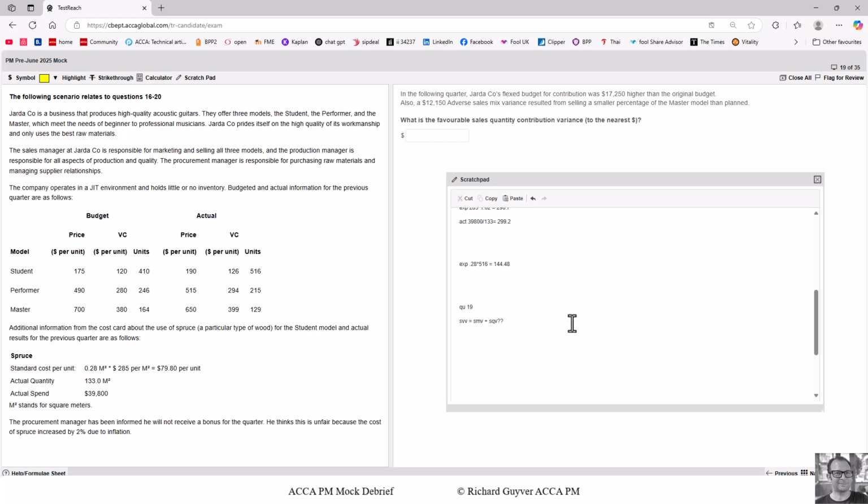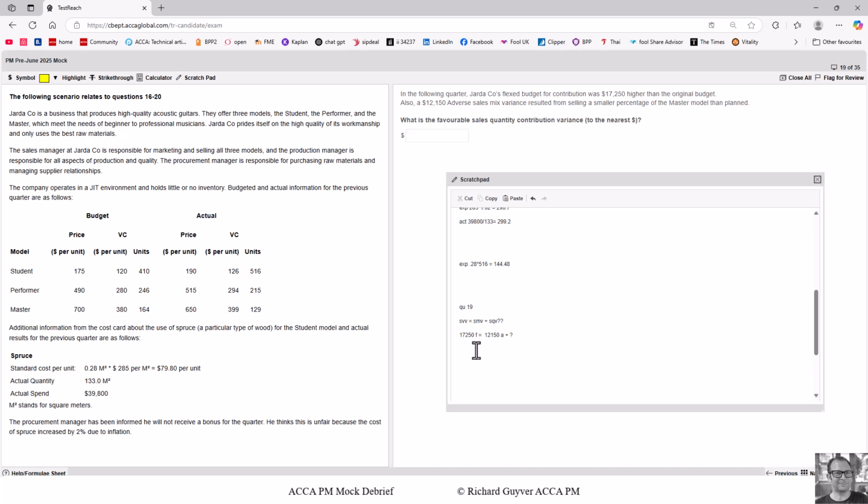If the contribution in the flexed budget was 17,250 higher, that is our sales volume variance. We're told that we've got a 12,150 adverse variance for the sales mix, and then we're looking for the balancing figure. You can rearrange this, or you can take a more sort of logic approach.